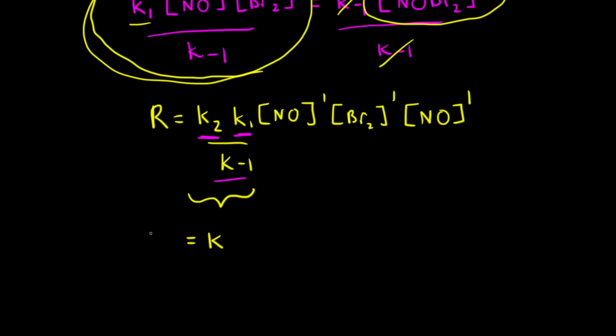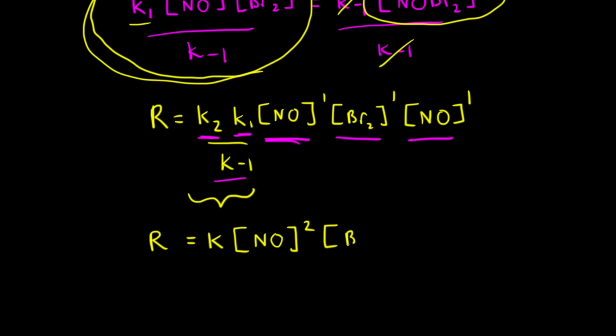So the rate law for the overall reaction is equal to k times the concentration of NO to the first power times NO to the first power, which is just the concentration of NO to the second power. And we still have to include the concentration of bromine to the first power.